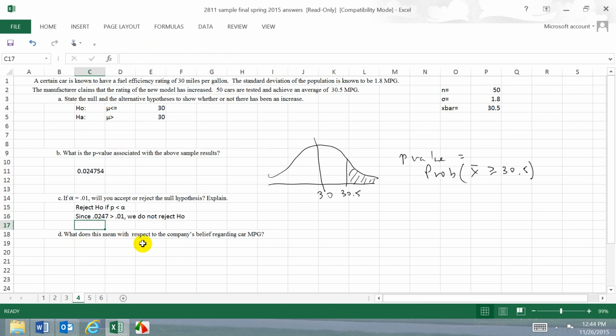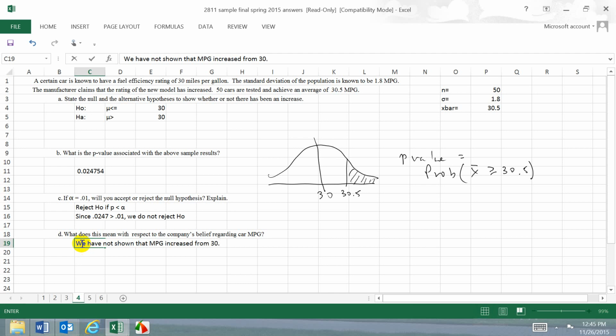We cannot reject H0. What does this mean with respect to the car's MPG? Well, if we didn't reject the null hypothesis, that means the null hypothesis stands. We have not shown that the MPG increased from 30.